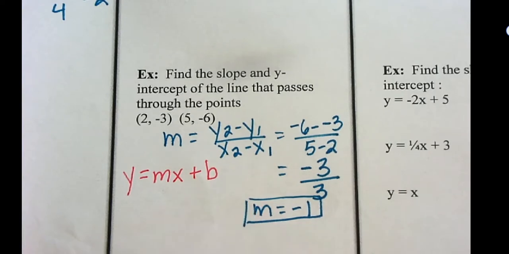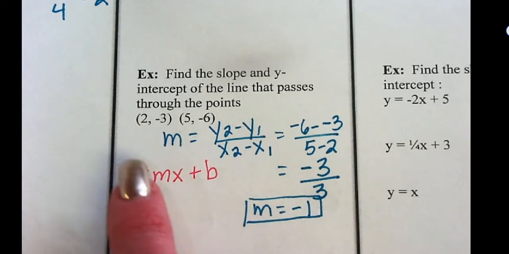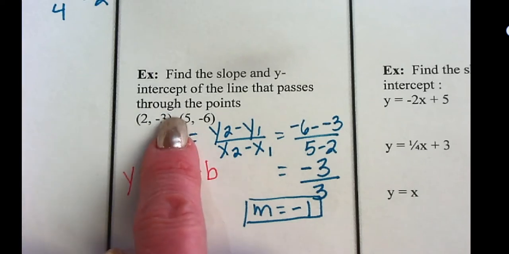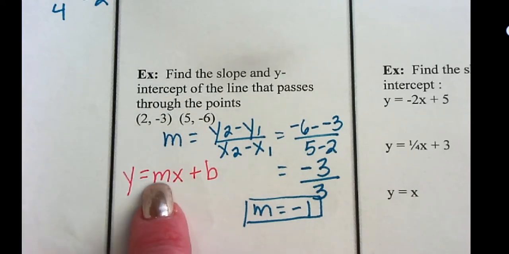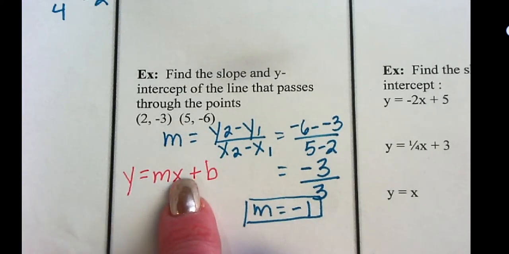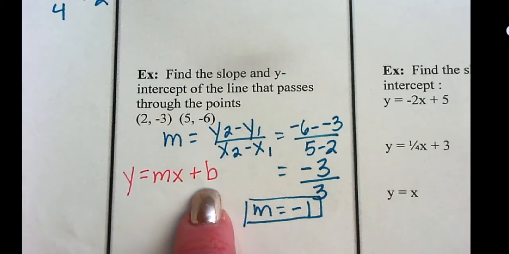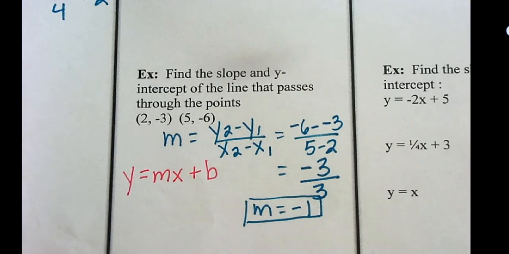Yes. Okay, so let's go through. Do I know what y is? No. Not yet. Do I know a value for y that's on the line? Yes. Do I know the value for m? Yes. Do I know a value for x? Yes. The only thing I don't know is b. So what could I do with all of those values to calculate b?